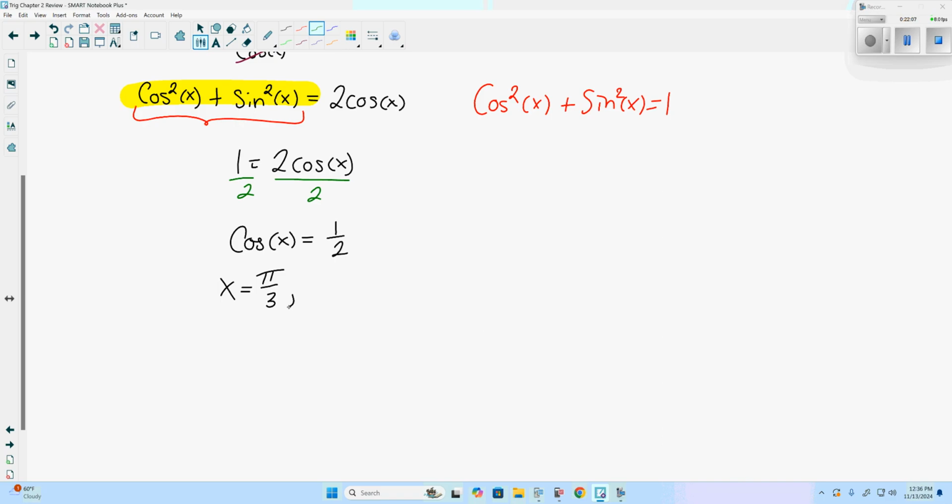We also have 5 pi over 3. We need both. We'd have to do other calculations to find the other one if we use the calculator to get it. But the unit circle just straight out tells us which two they are.